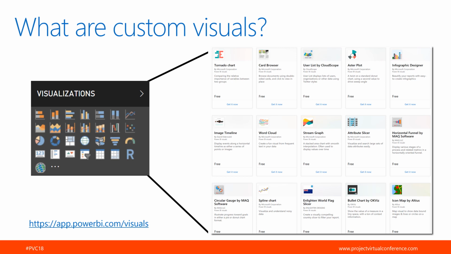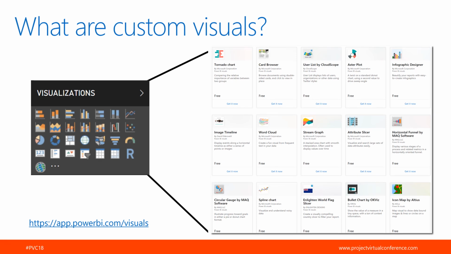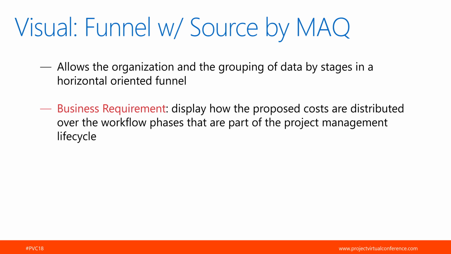As we are going to be exploring some of them, I will be providing you with some examples. We will basically get started with a visual called Funnel with Source by MAQ Software. This Funnel with Source by MAQ allows the organization and grouping of data by stages in a horizontally oriented funnel.